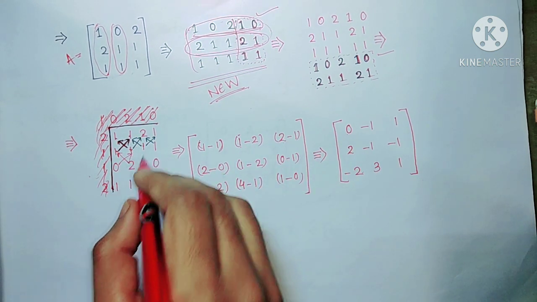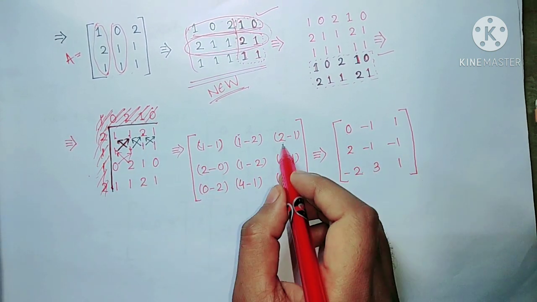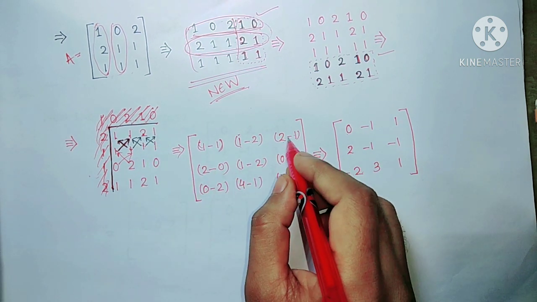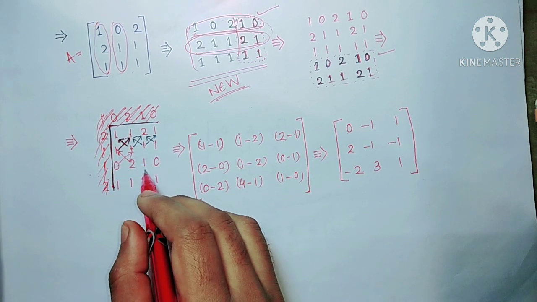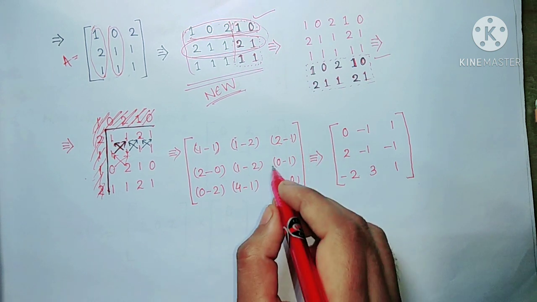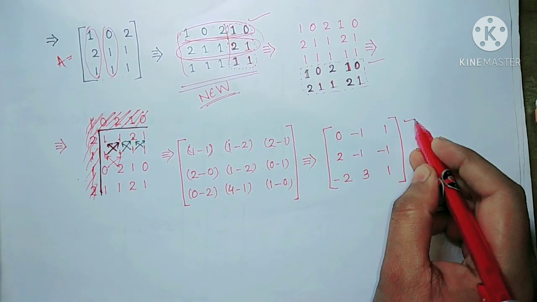Like this, 1 into 2 equals 2, 1 into 1 equals 1, minus 1. Like this you can take the cross products and write them down here. After all, you get this type of matrix.